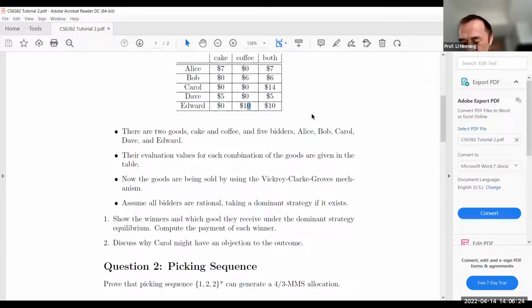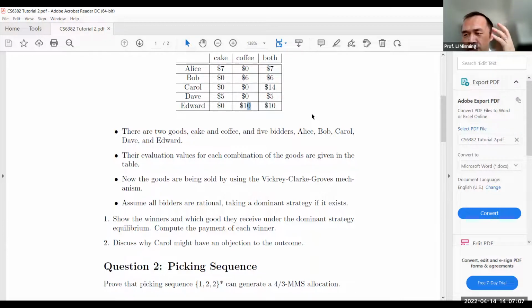So can you somehow link this objection from Carol to the core concept? VCG is not in the core. So how do we use the concept of core to justify Carol is not happy?